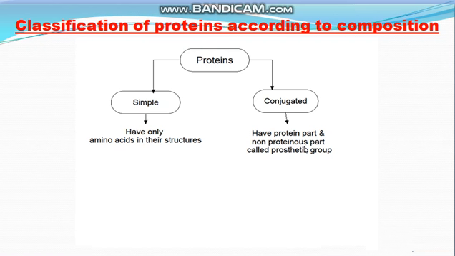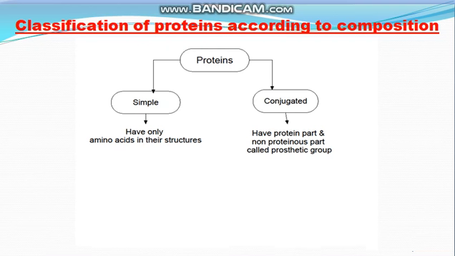So we can say that a protein part having amino acids and a non-proteinous part forms conjugated proteins. Conjugated proteins have a proteinous part as well as a non-proteinous part, and the non-proteinous part of the conjugated protein is known as the prosthetic group.